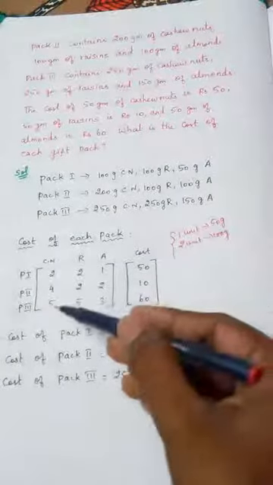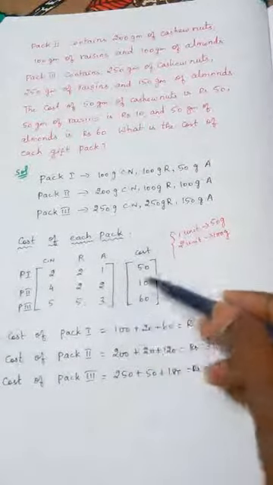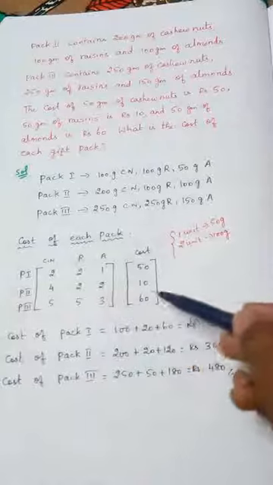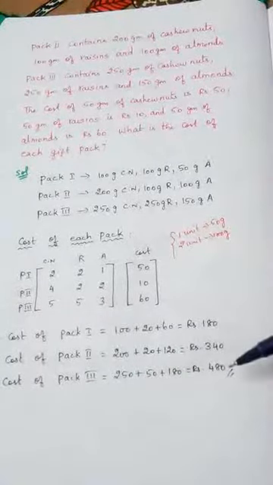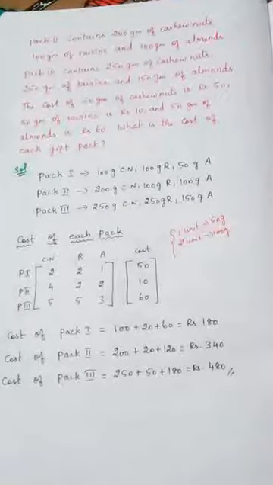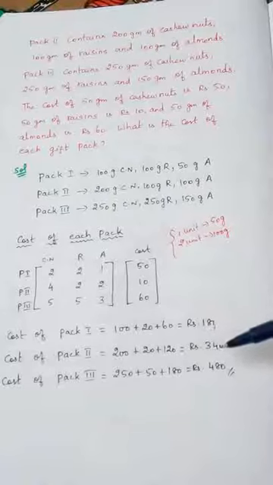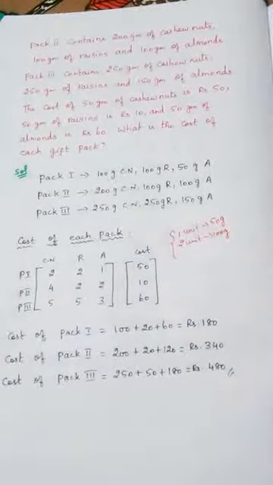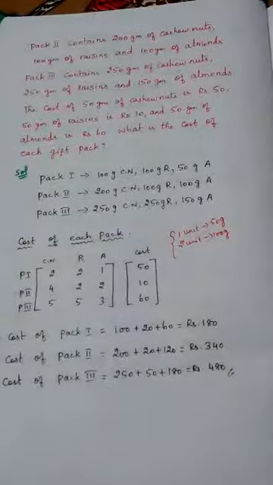Cost of pack 3 means the third row should be multiplied with the cost column. 5 into 50, 250. 5 into 10, 50. 3 into 60, 180. Adding, rupees 480 is the cost of the third pack. So the cost of the first gift pack is 180, the second pack 340, and the third pack rupees 480. That can be calculated using the matrix method.